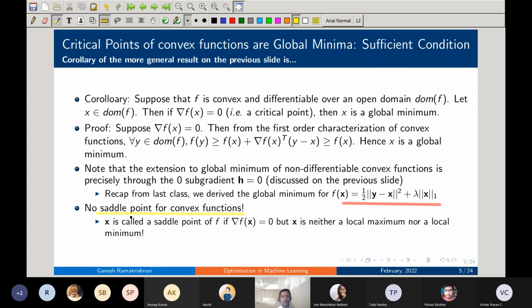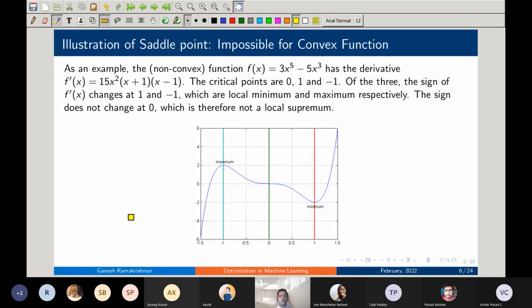Let's move on and understand the notion of a saddle point in the single dimensional case. Here's the non-convex function 3x^5 minus 5x^3, and this has the derivative f'(x) = 15x^2(x+1)(x-1). You can factorize it.